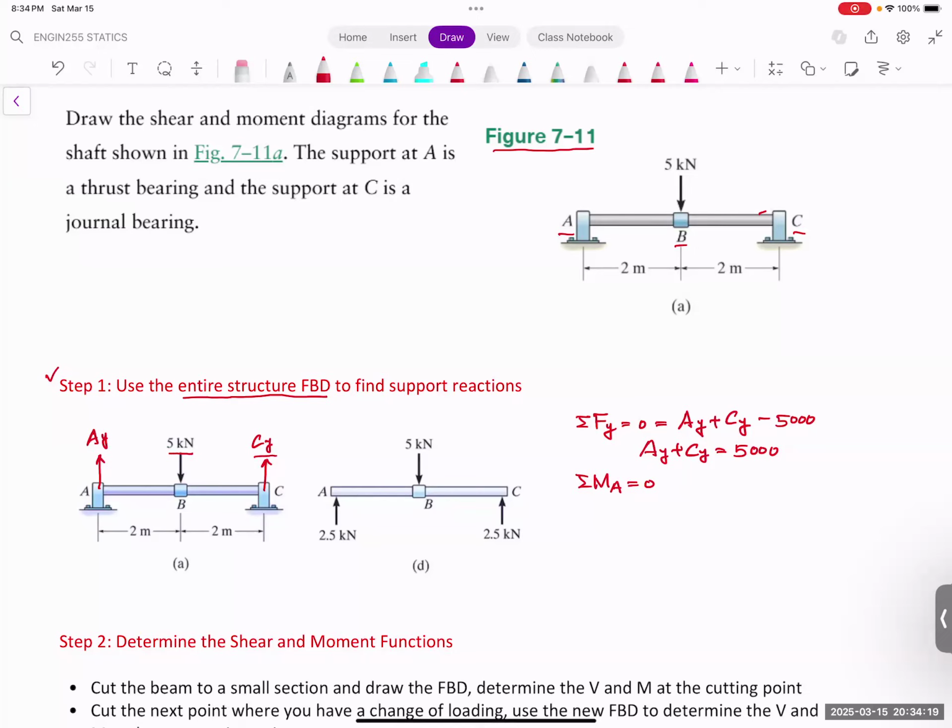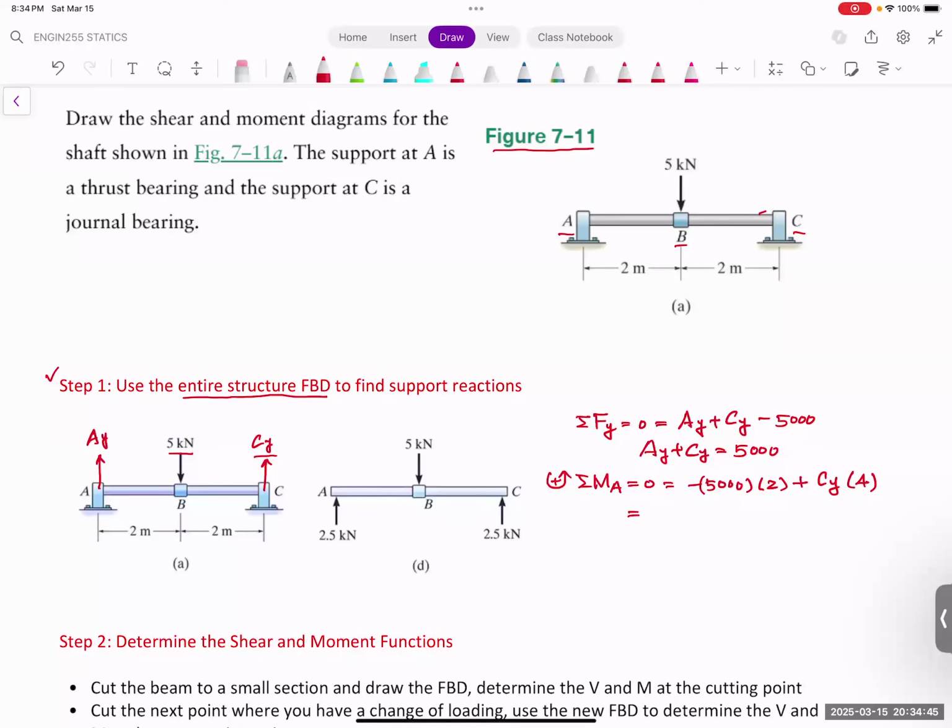So 5,000 will make this one rotate clockwise. So we're going to make counterclockwise positive. So this will be minus 5,000 multiplied with the distance, which is 2. For the CY is going to be positive, and that will be CY multiplied with 4 meters. And that will be equal to 0.